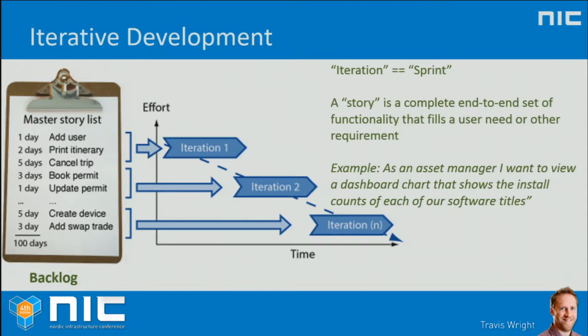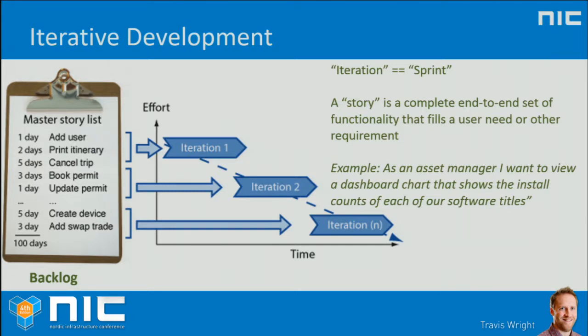That's a well-understood story, something a user would want to do, and we can define more specific requirements underneath that. We would put that story in our backlog, and then each iteration, as we go through sprint planning, we would choose which stories we wanted to achieve for that particular iteration. Then we would work on those, and at the end, we would release it. And that list of stories that you have is called the backlog.